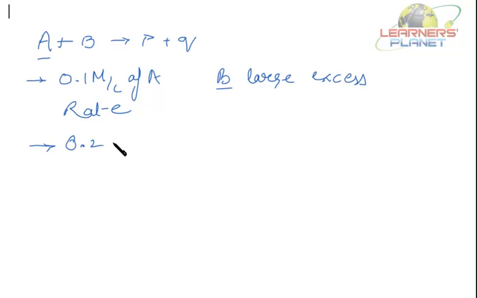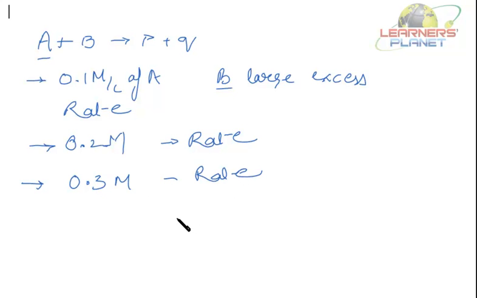I am making it 0.2 molar. Again the rate is determined. In the third experiment, I can make it 0.3 molar, and again the rate is determined. So the rate is determined with different concentrations of A, and it is not the rate at any instant of time. It is the rate at the start of the reaction.